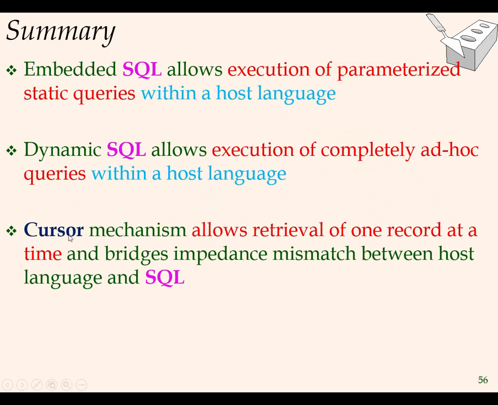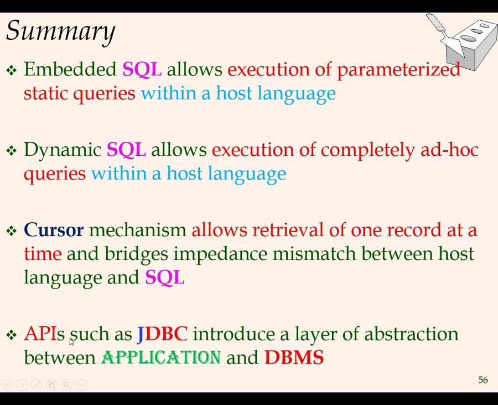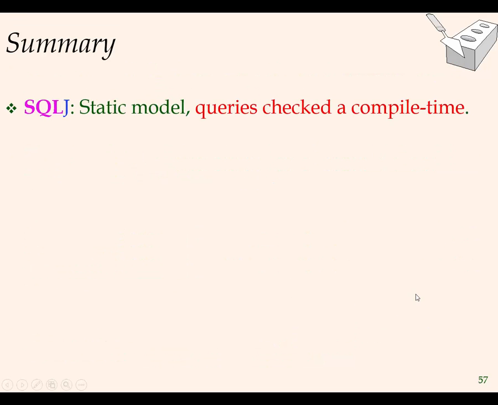We looked at the mechanism of a cursor, which is basically a reference to the DBMS memory that contains the result set. With this reference, you can retrieve one tuple at a time, one record at a time. We looked at JDBC, for example. That's an API that allows you to write Java applications that connect to the database backend.